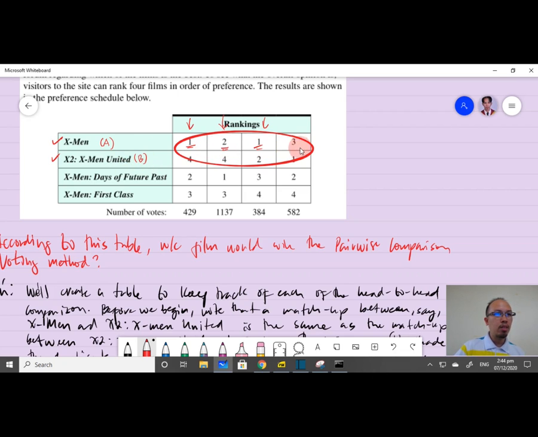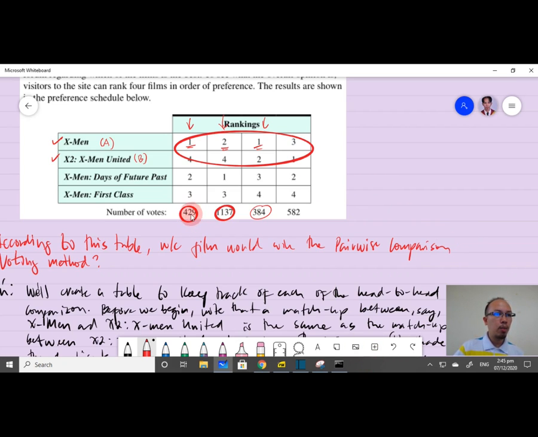But this last column here, B was favored over A. Meaning to say, these voters belong to A, while 582 belongs to B. So that's how you are going to do the head-to-head matchup.